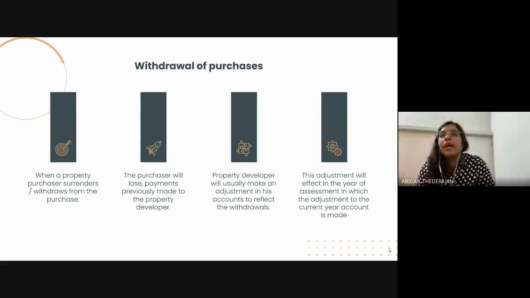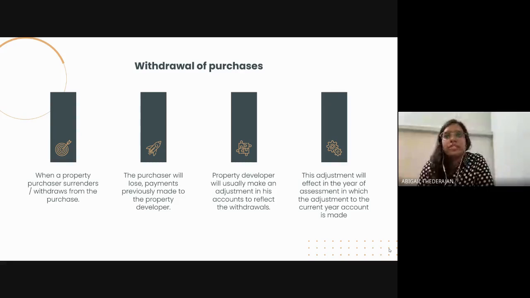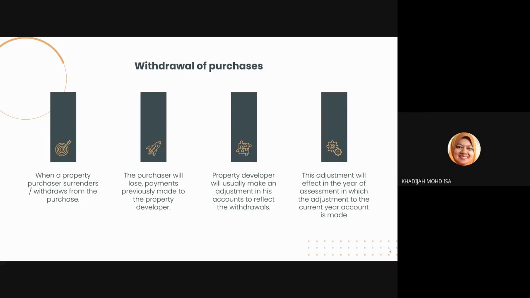So this loss, they might pay me back. There will be contracts saying how many percent can be paid back and how many percent they can't pay back. Payback means a refund to the purchaser. So for example, if you can refund 50%, the balance 50% is recognized as income for the following year to the developer.